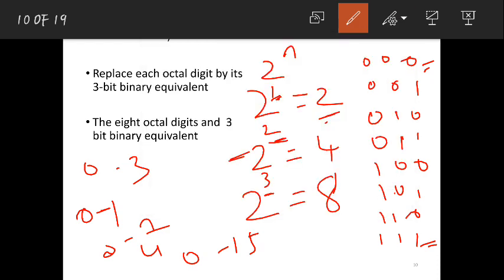Now for octal, see here he has written the 8 octal digits. Replace each octal digit by its 3 binary bit equivalent. This you need to remember. For octal you have 8 numbers, or 8 symbols, and you require 3 binary bits.